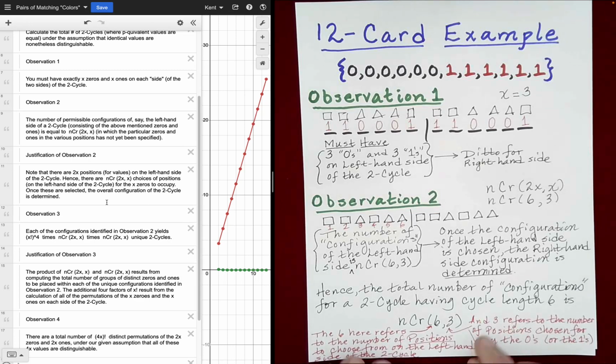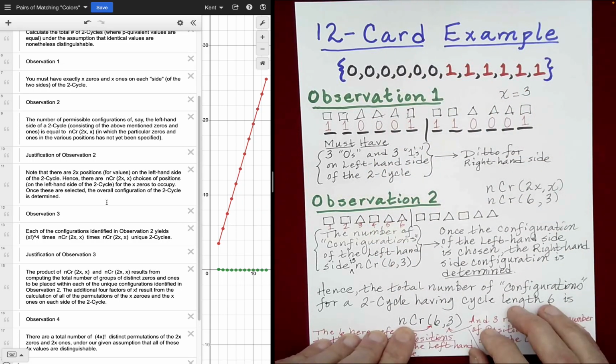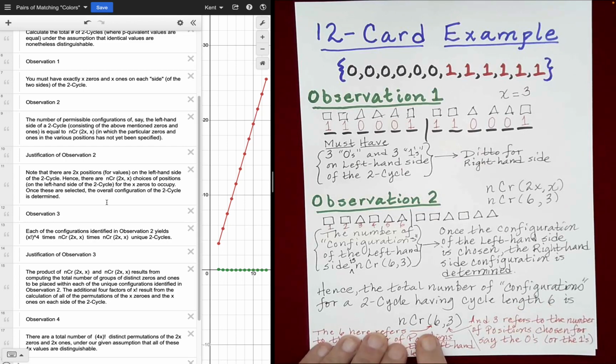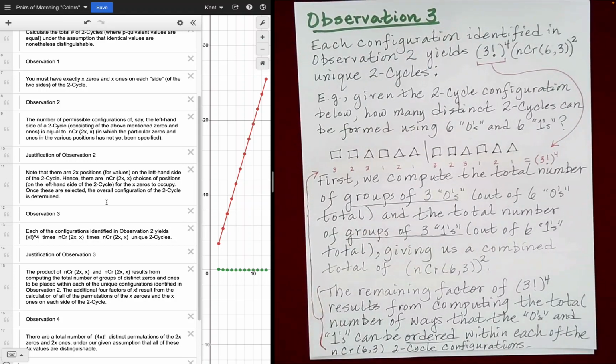Okay, so we have our first calculation here: the total number of skeletal structures, which I've called configurations, for a 2 cycle consisting of dichotomous values, like we've listed here, will be 6 choose 3. Very good. So that's observation 2.